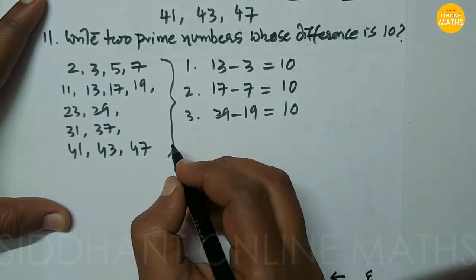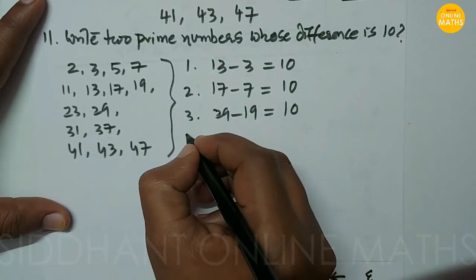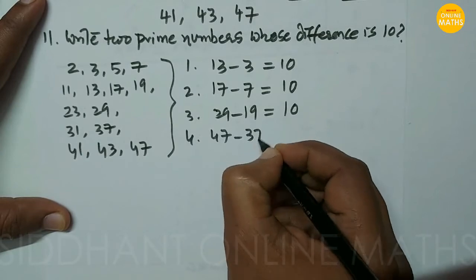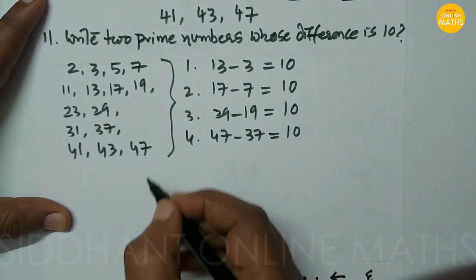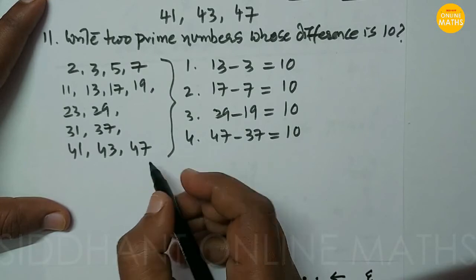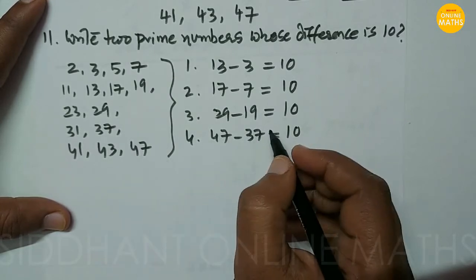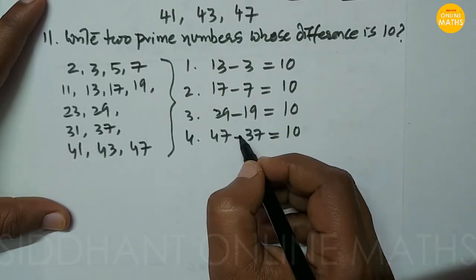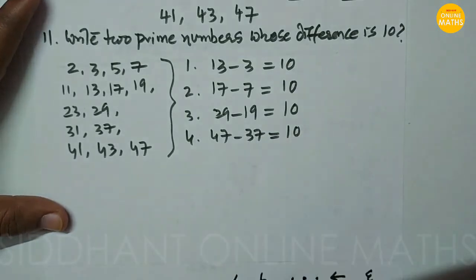Next you see 47 minus 37, the difference is 10. In this way you select the prime numbers in such a way that the difference will be 10. So these are a few prime numbers whose difference is 10.